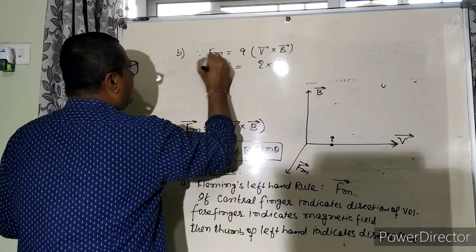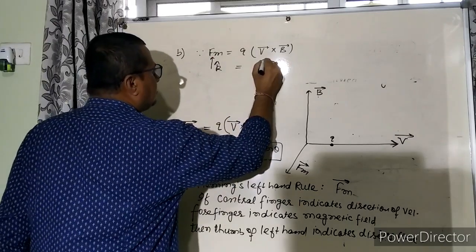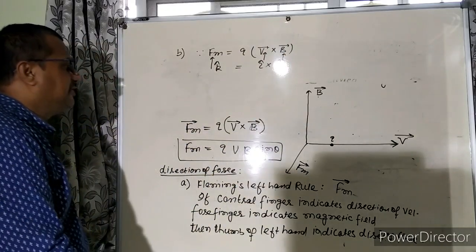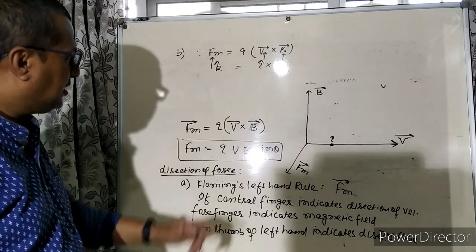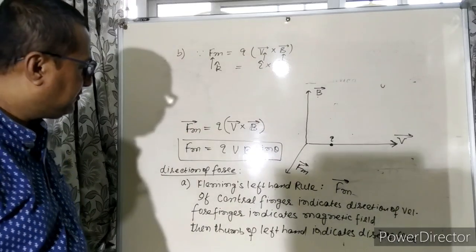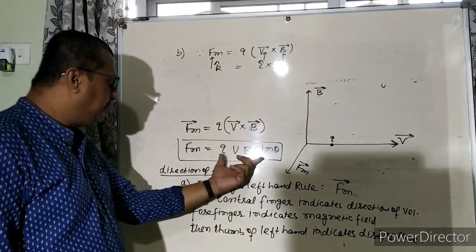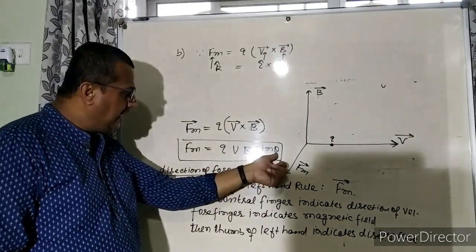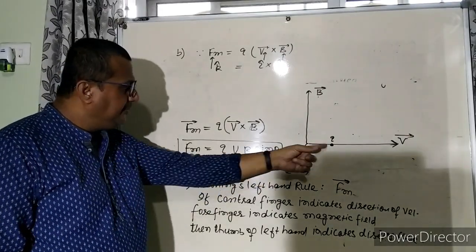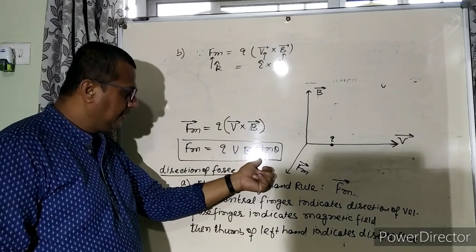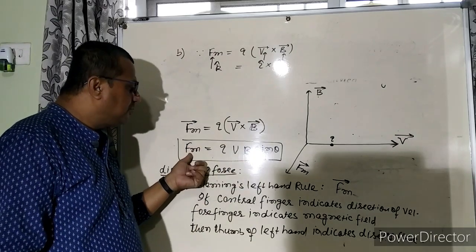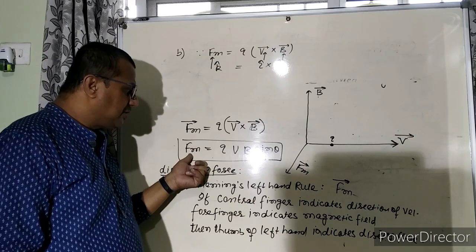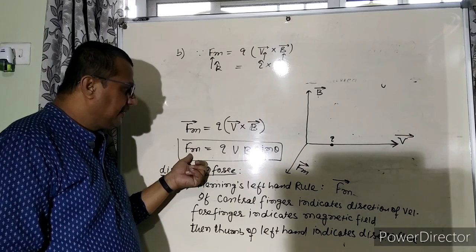So direction of force will be k cap, direction of velocity is i cap, and direction of magnetic field is j. So these are the directions. And magnitude is qVB sin theta. It depends on the angle between V and B. And force is also a vector quantity, so it will always have a certain direction.